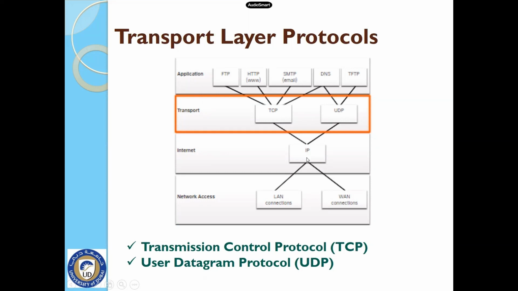And they're all going to follow IP, the internet protocol, and the network access, whether it was a wide area network, WAN, or LAN. So in this slide, again, just correlate the applications to which transport protocol they are connected to.